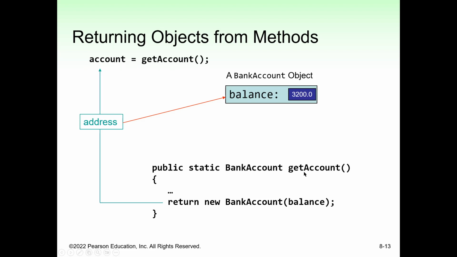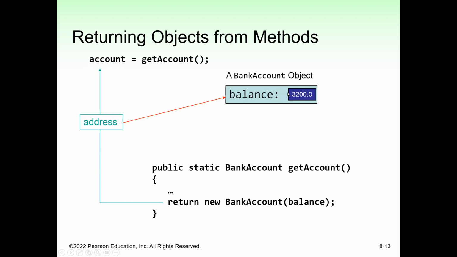Now this get account method's return type is bank account, so the return type is our class name, and in this case we are returning new bank account balance. And here we are returning this value into our account variable, and in this case 3,200 is going to be returned into the account.